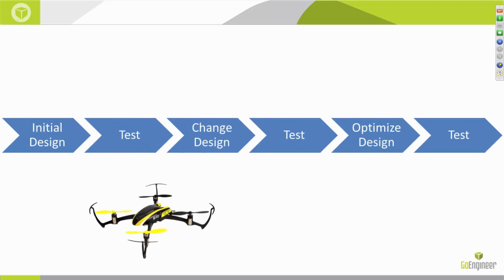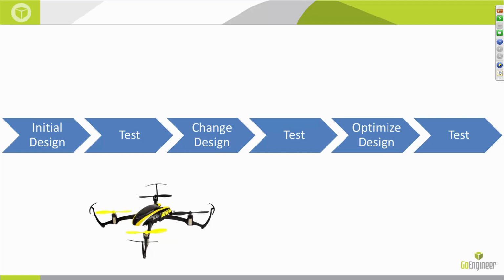In order to justify that, here's a little example that I've set up. I've taken a drone and pulled out a component from it, and then I went through different phases of changing the existing design and optimizing it. So here's my general roadmap for the process. I started out with an initial design, tested it, changed the design, tested it again, and finally set this through a design optimization path and tested the optimized design as well.